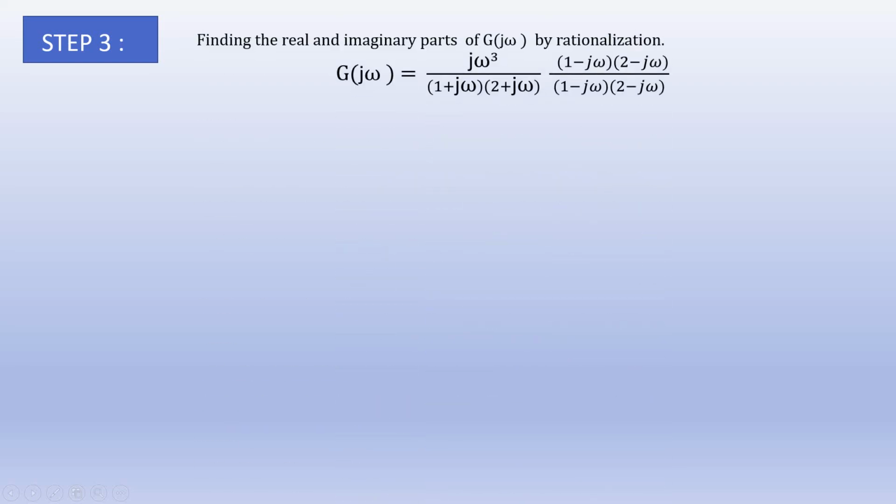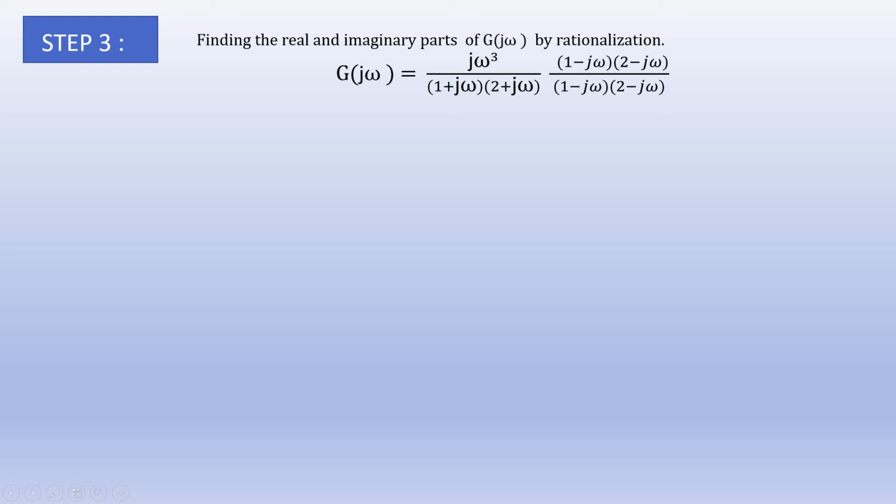To find that out, we need to write the complex number in terms of the real part and imaginary part. So in order to write this complex number in terms of the real and imaginary parts, what we need is rationalization, that is we need to multiply with the complex conjugate of the denominator.